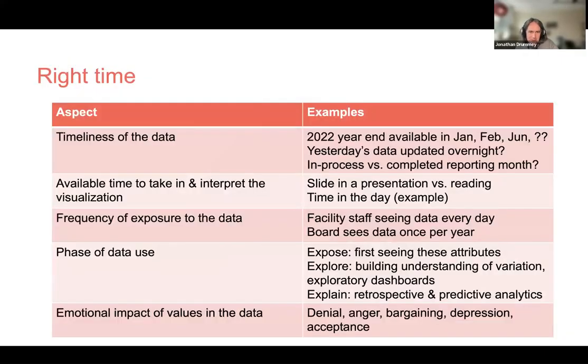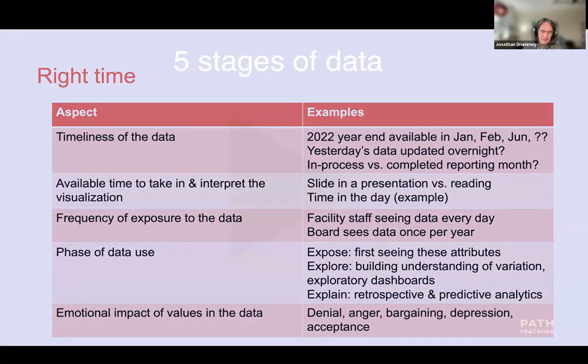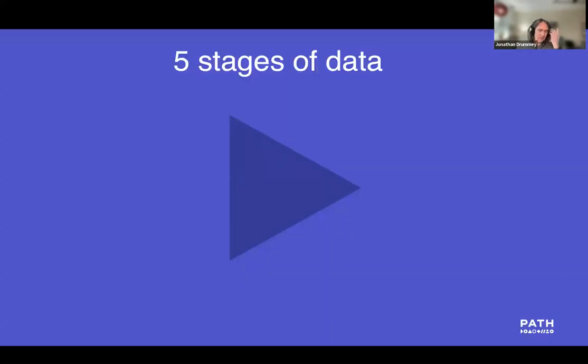And talking about right time. And then the other piece I want to mention here, because oftentimes where your researchers and modelers are presenting data for the first time to your audiences, there's emotional impact that goes with that data. And a colleague of mine adapted Elizabeth Kubler-Ross's 5 stages of grief to data.